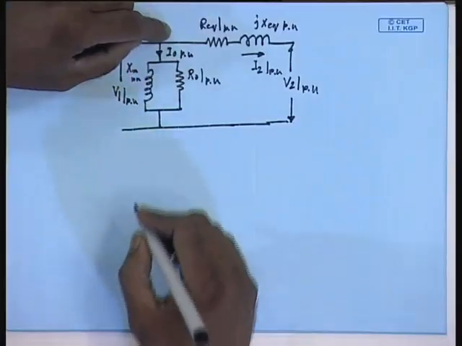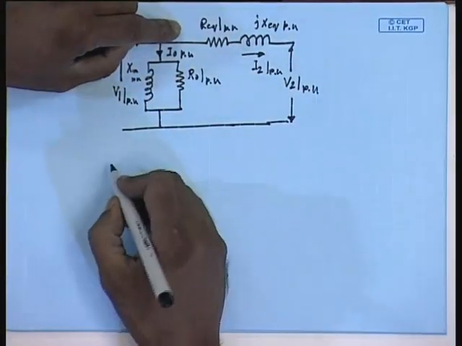So, this is how you get the equivalent circuit parameters of a single phase transformer from short circuit and open circuit test data. Now, if I want to find out for the same transformer what will be the efficiency, let us say at 50% of the load. First, let us find out what will be the efficiency at 100% of the load. At 100% load, the transformer kVA rating is 4 kVA.